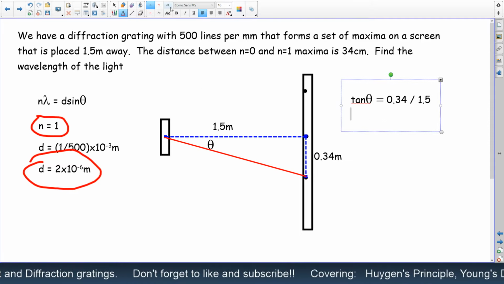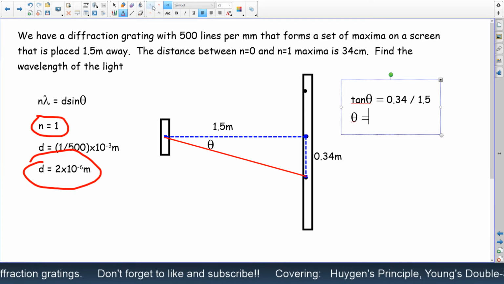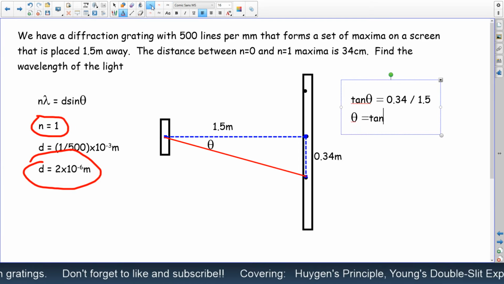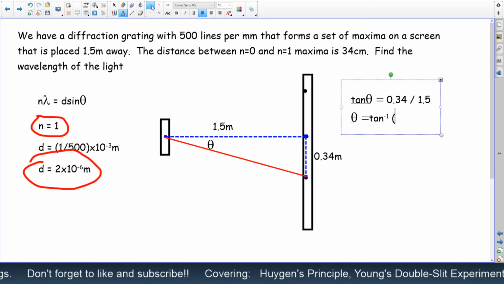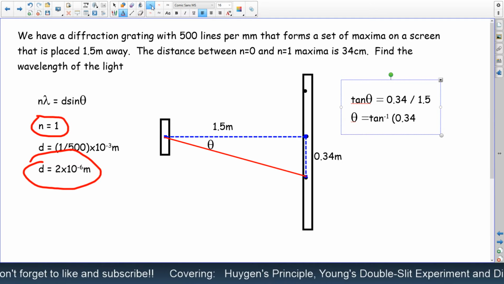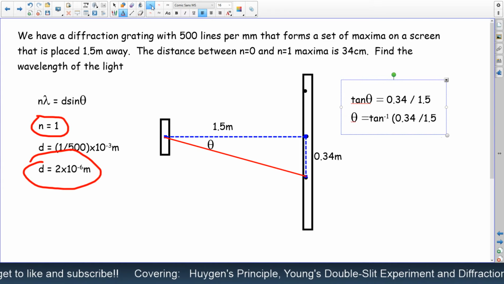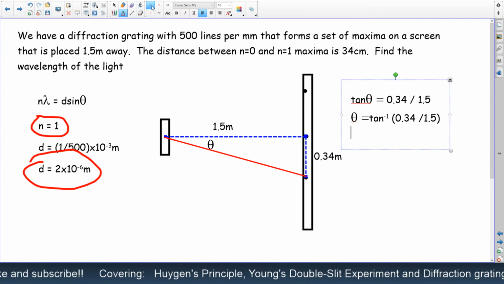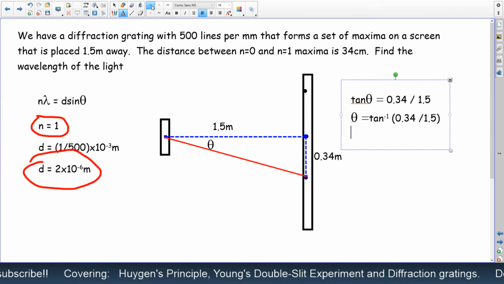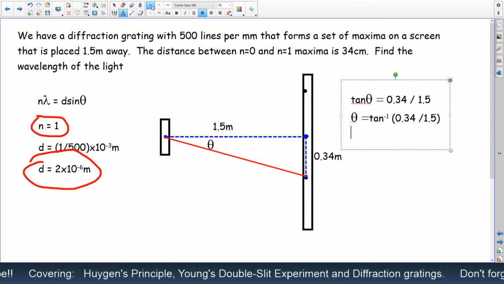Rearrange that to give me that theta is equal to the inverse tan of 0.34 over 1.5.